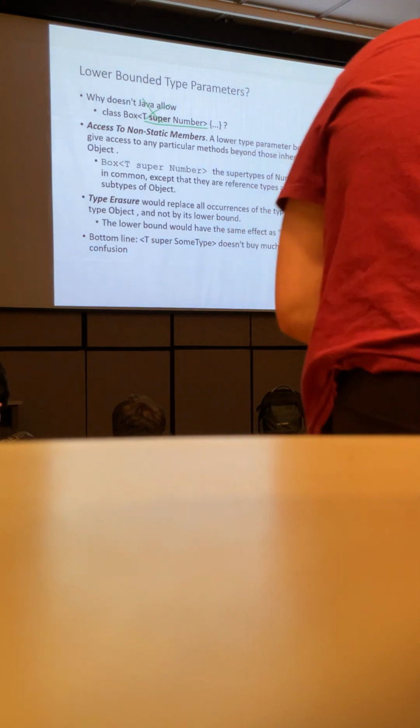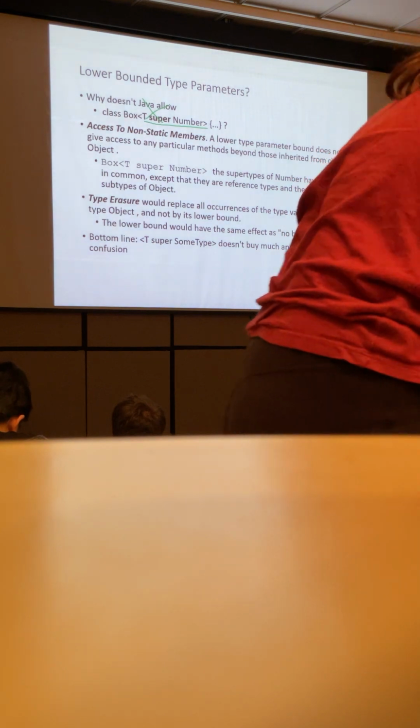It would require that the type parameter is a supertype, and type erasure would essentially replace it by Object, so the result would have the same effect as no bound at all. This explains why lower bounded type parameters do not make a whole lot of sense, and that's why they're not implemented in Java. They don't really give you much, but they can be confusing.